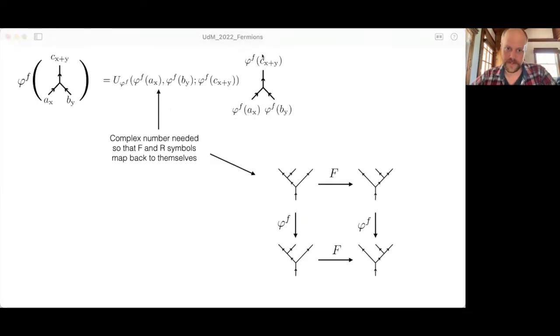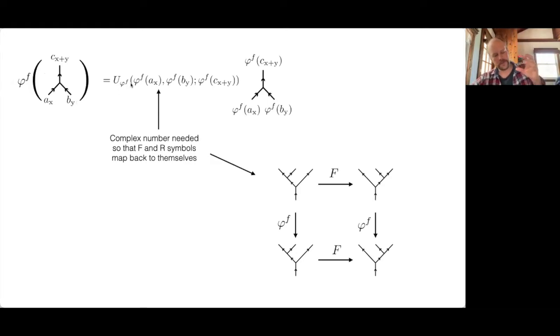So C maps to phi of C and so on. But we are allowed to pick up an arbitrary complex number, which in general can be a matrix if you have fusion multiplicities, multiplying the state that we end up in after we apply this topological symmetry.